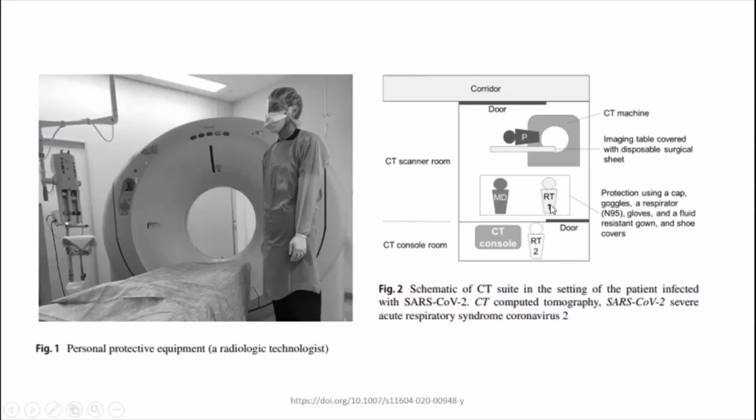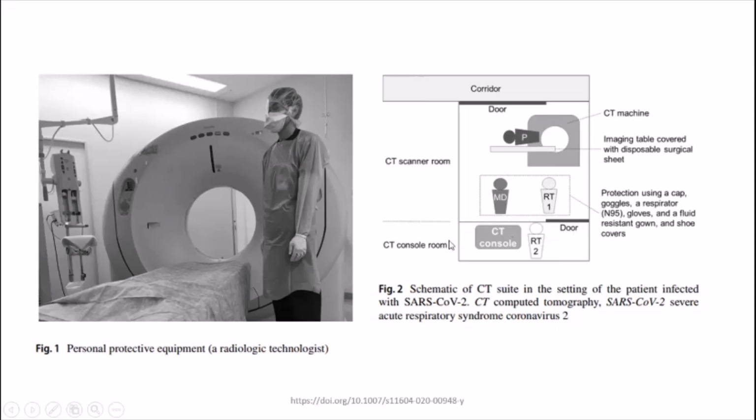This is a scheme showing the setting at which a patient is being imaged. This is the patient on the CT scanner table. In the CT scanner room, you will have radiology technologist number one, who is wearing complete personal protective equipment, with the clinician who brought the patient. They both will be wearing personal protective equipment.